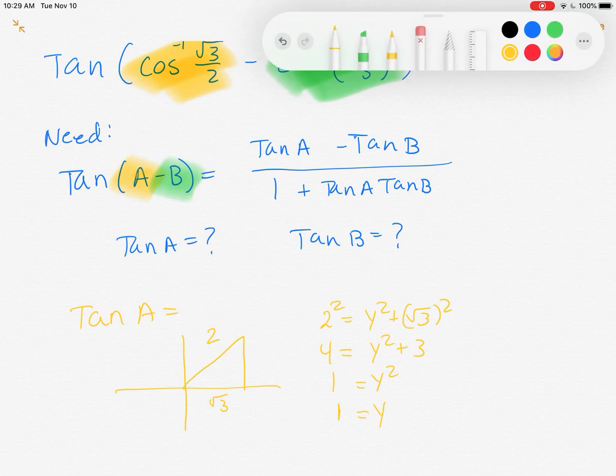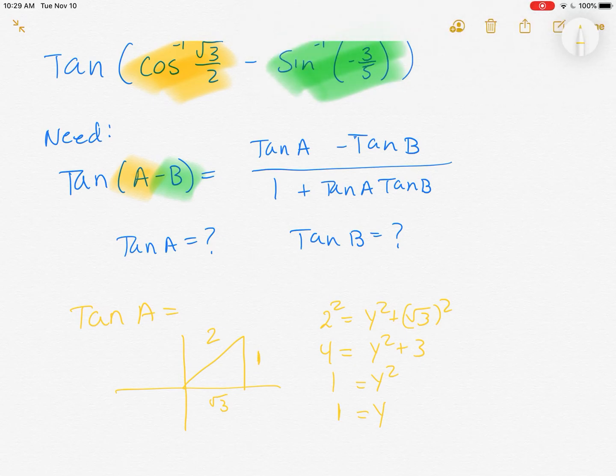We now know that y is 1. So what do we know tangent a is? Tangent a is 1 over root 3, or commonly written as root 3 over 3. Both are the same. Done. Now we could have gotten that by recognizing that was pi over 6 and knowing its tangent. For some of you, that's a huge waste of time because you knew that angle.